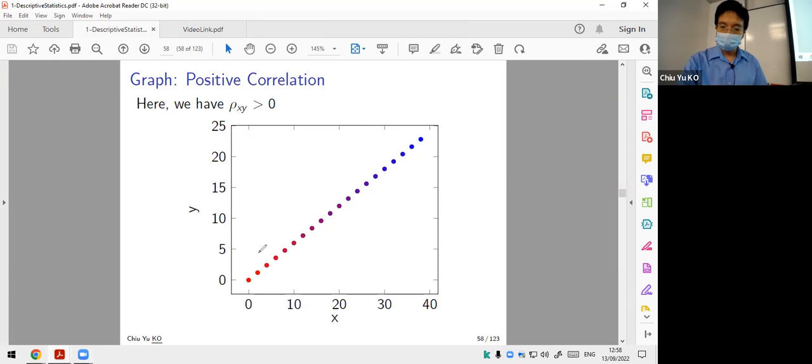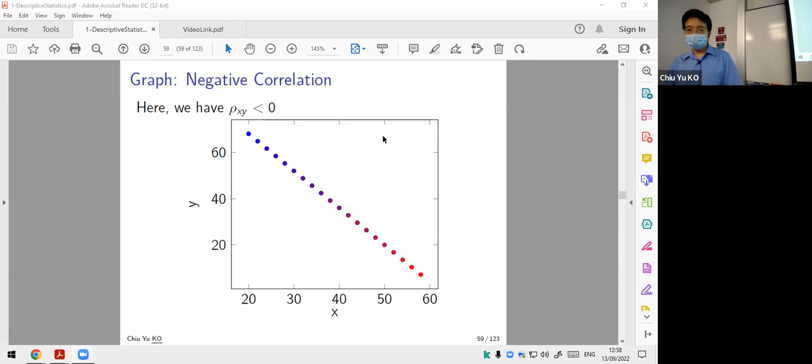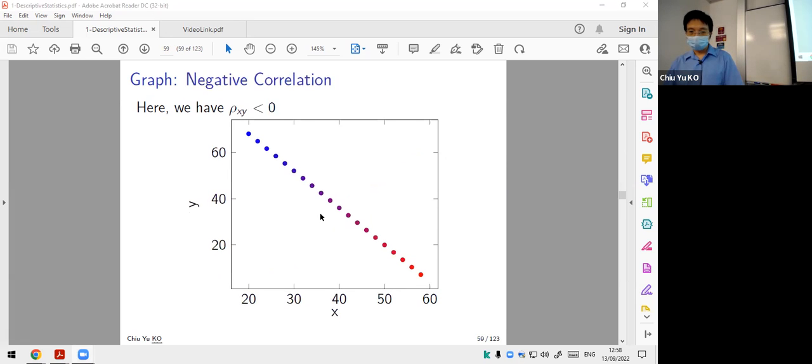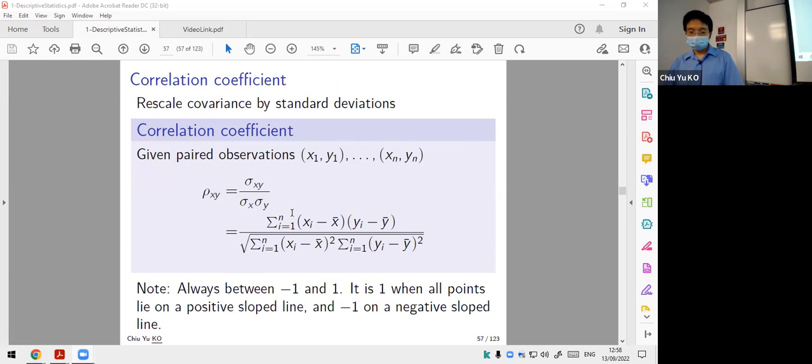I think there are some more points here to say positive, and negative something more. There are more points here, but one is exactly the same. Negative also the same. Sorry for the graphic.